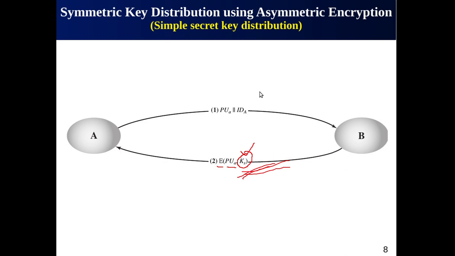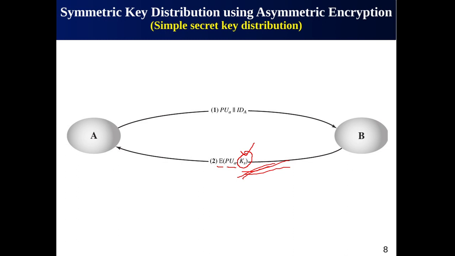Okay, this seems secure, but things are not secure. Although A and B can now securely communicate by using conventional encryption and the session key KS, as I just mentioned, they will discard the keys.